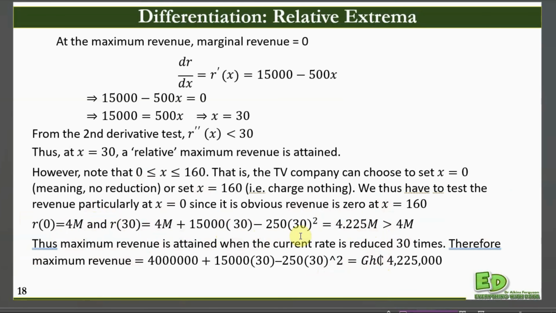You can see that it will be less than that of the 30, or it will be less than the 4.225. Okay, so therefore maximum revenue is equal to 4,225,000 Ghana cedis.